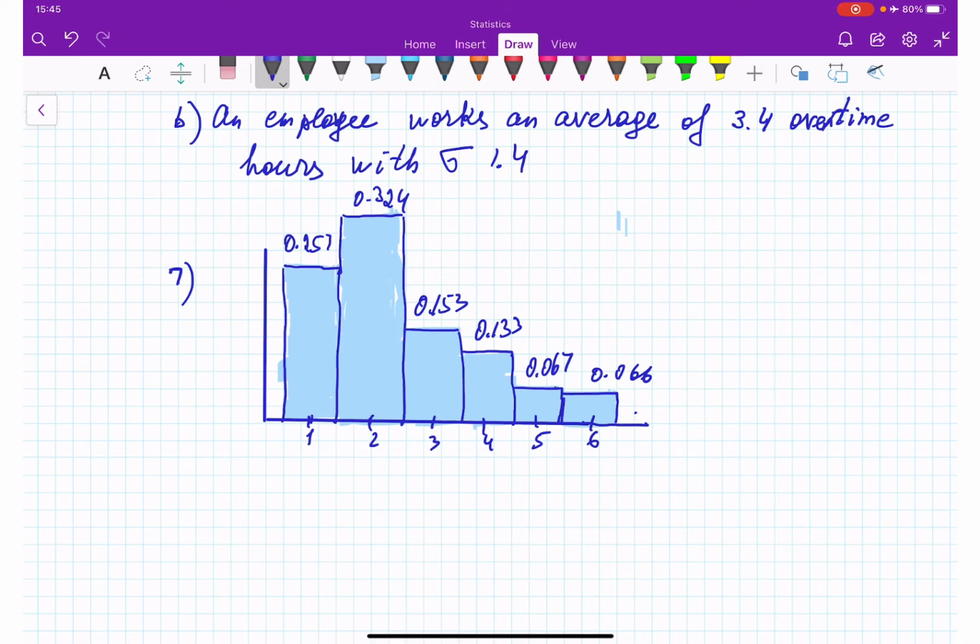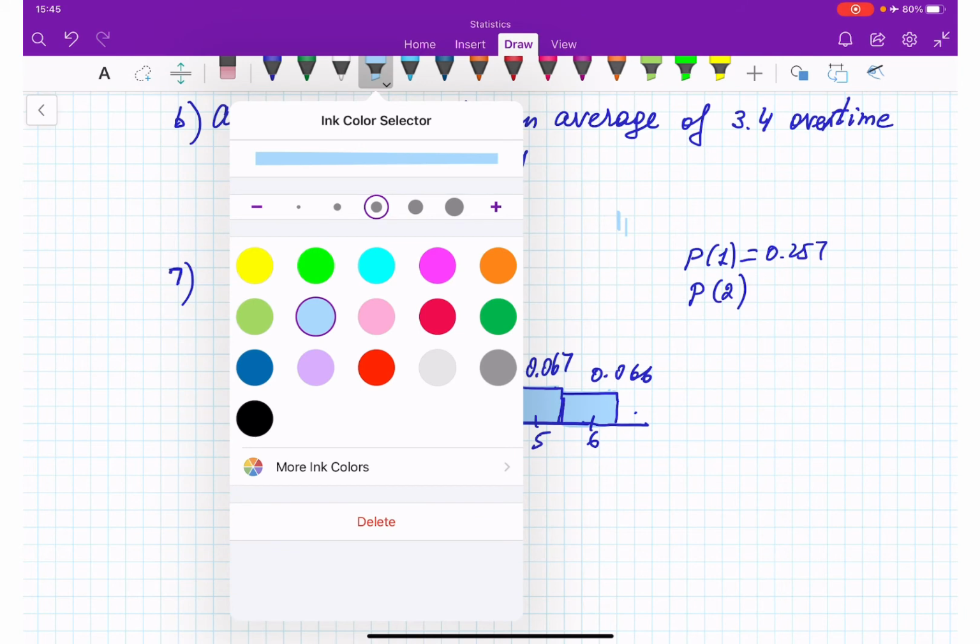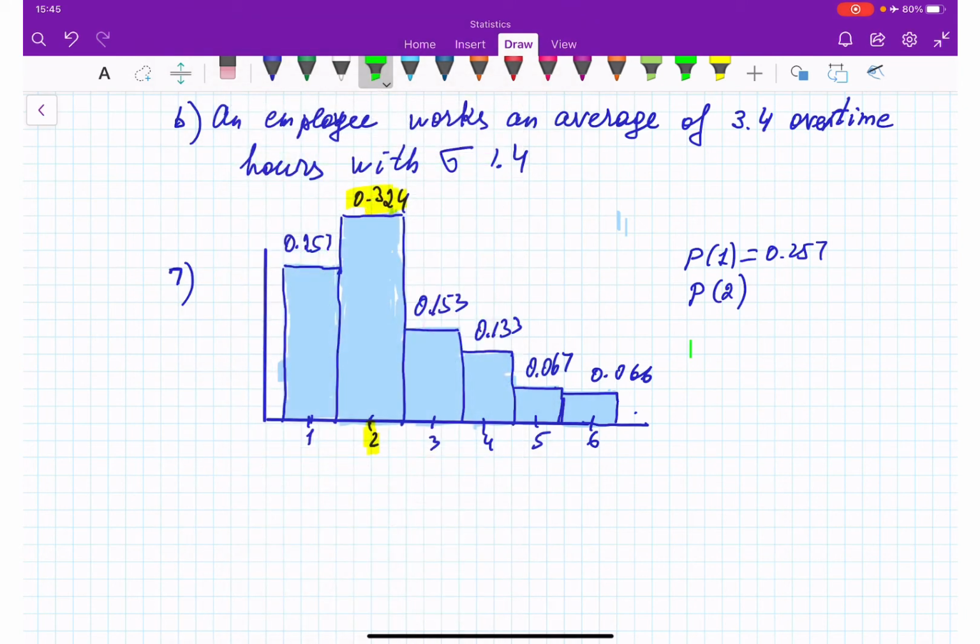This is probability of 1, which is 0.257. Probability of 2 is 0.324. Probability of 3 is 0.153.